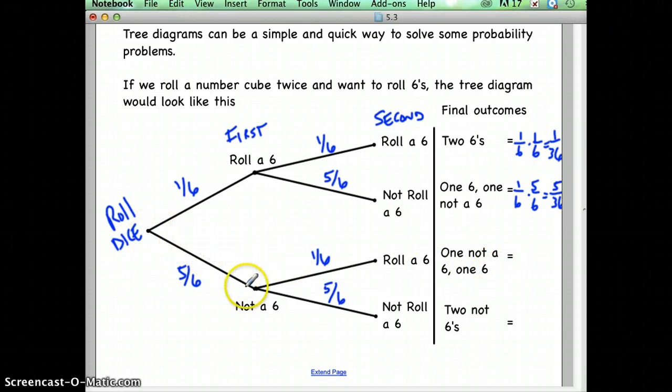So not a 6 and then a 6, that would be 5/6 times 1/6. Again, 5/36. Or 2 that are not 6s. So it's a 5 out of 6 chance of not getting a 6 on the first, and then not getting a 6 again on the second would also be a 5/6. So you multiply those two together. And we would get 25 out of 36. Okay?